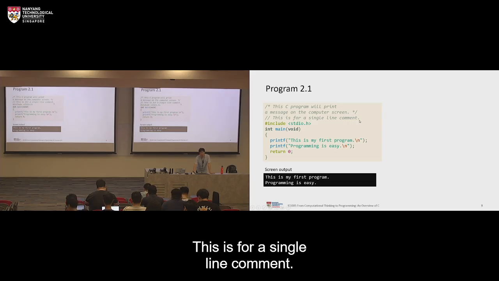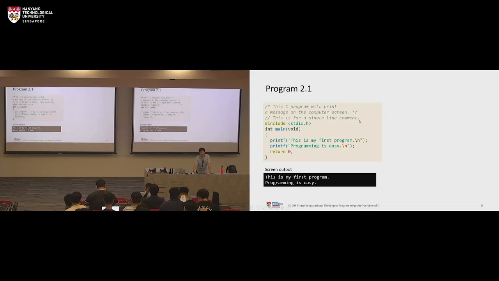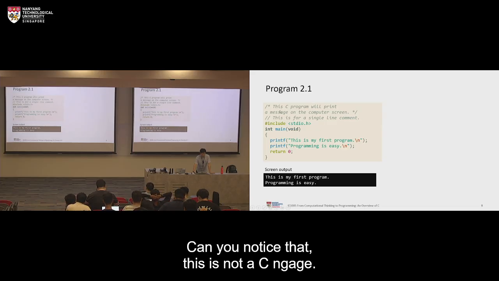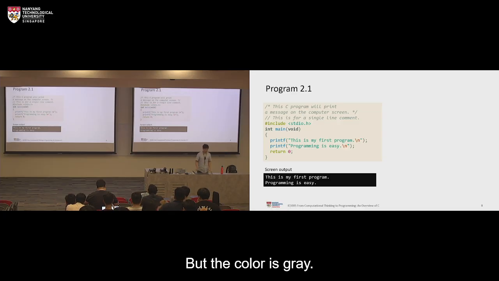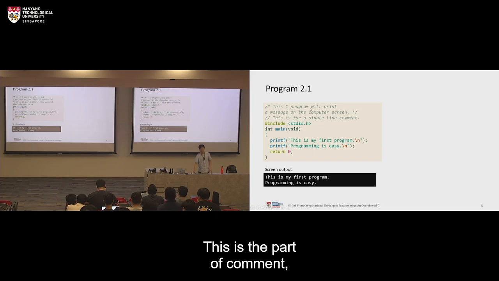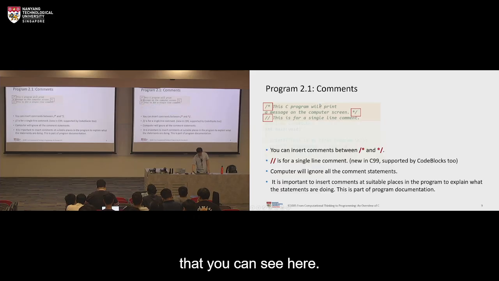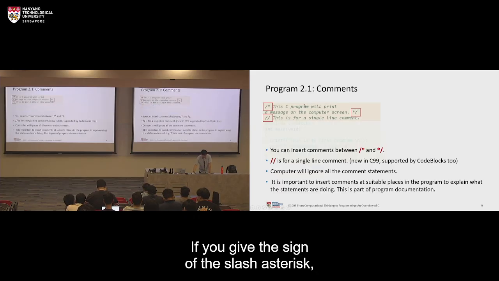This is for a single line comment. Can you notice that this is not C language? This is just natural human language, right? But the color is gray. This is part of a comment, as you can see here.